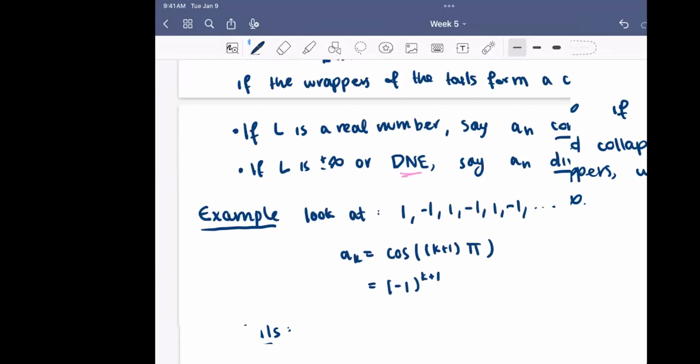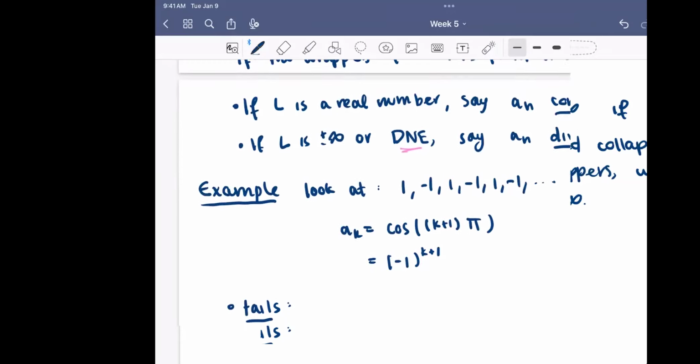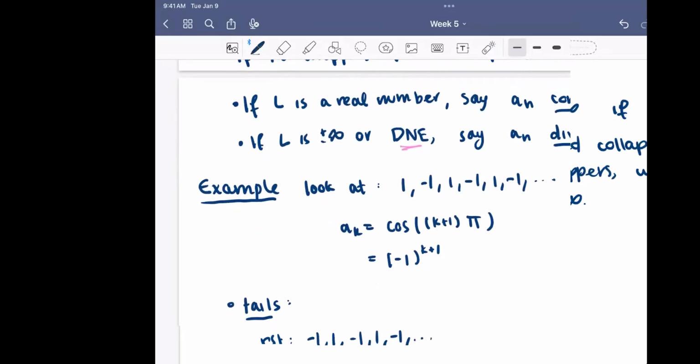So the first tail would look like -1, 1, -1, 1, -1, and so on. What would the second tail look like? Just chopping off the first two terms.